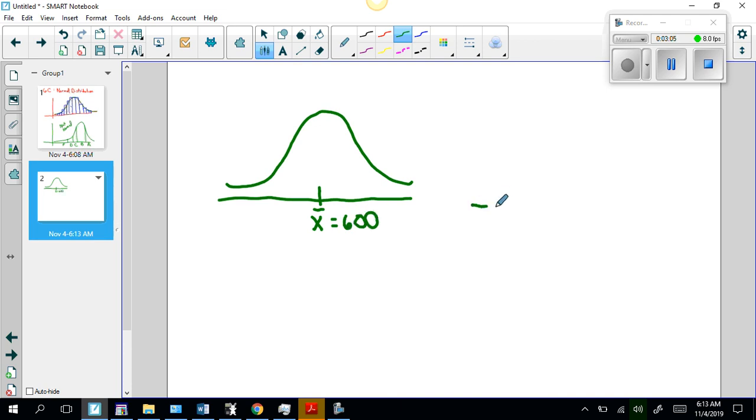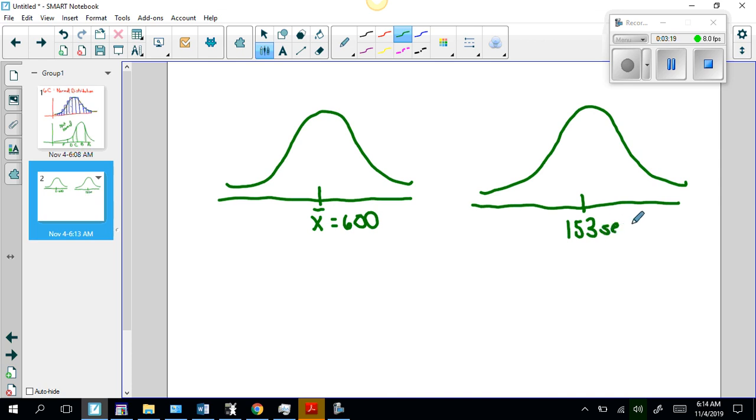And then maybe there's some other thing going on, like times to complete a certain task, maybe 153 seconds, and it looks normal.